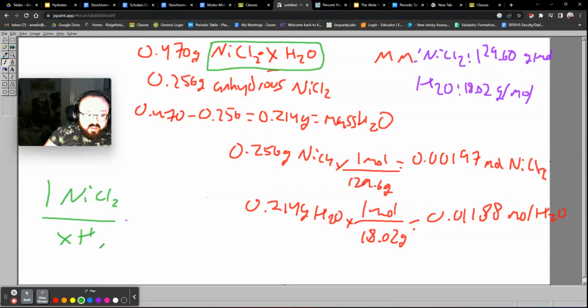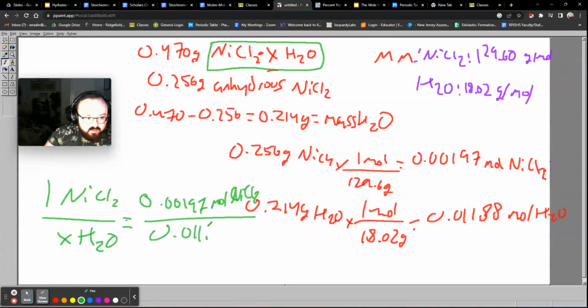And I need to find X. And this is equal to the amount of moles that we have, because moles is a ratio. Well, my moles: 0.00197 moles of NiCl2 divided by 0.01188 moles of H2O.